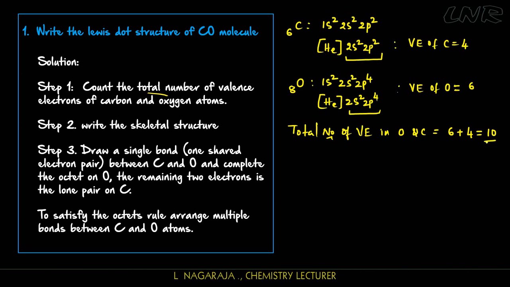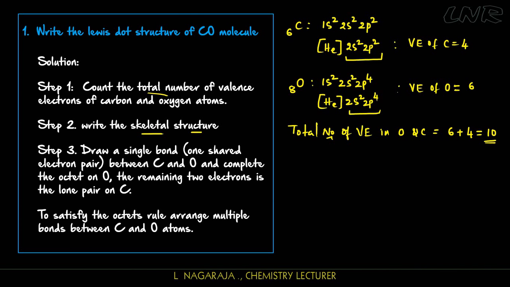So it has 10 valence electrons, right? Next step, write the skeleton structure of the molecule. The skeleton structure is nothing but the representation of the different elements present in the molecule.